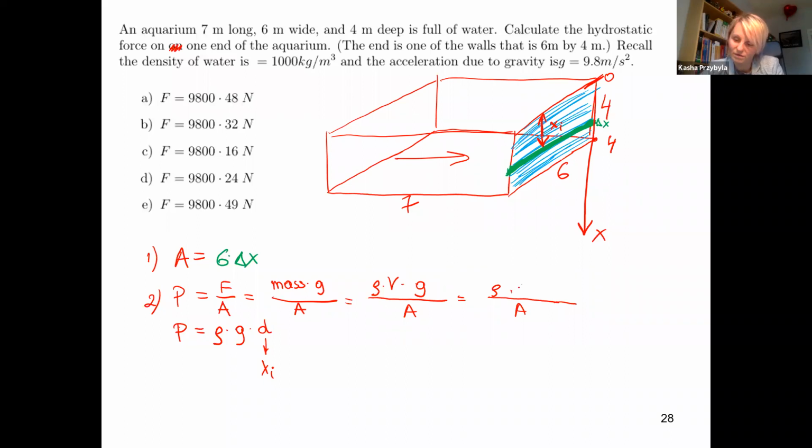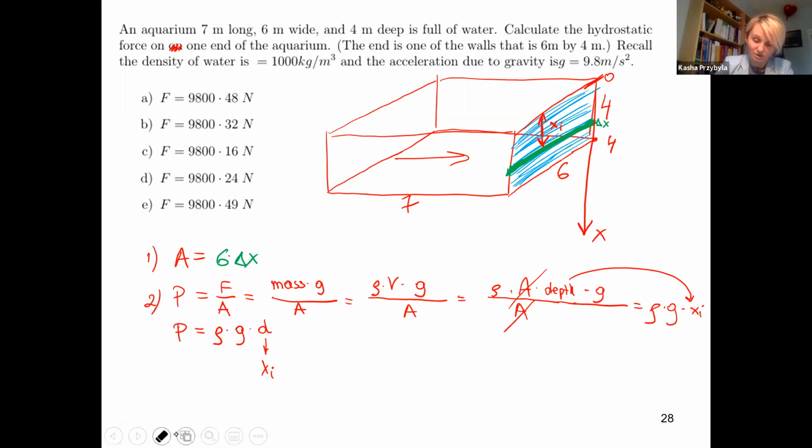Then the area is gone, and we have rho, g, and depth, which is x sub i. You may remember this right away, because you don't have to go through all of the formulas. The pressure will be rho times g times x sub i.